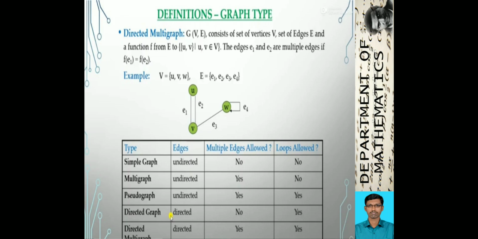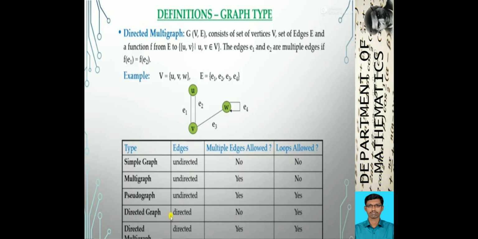Example: suppose we have the vertices U, V, W and the edges E1, E2, E3, E4. Here this graph is a directed multigraph. We have loops and multiple edges. This is the directed multigraph.